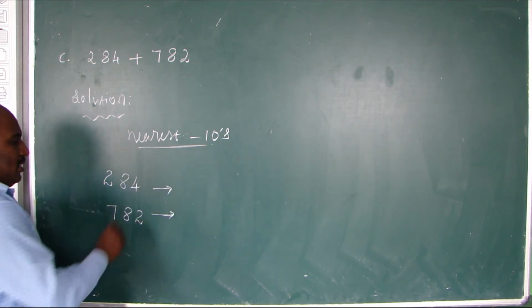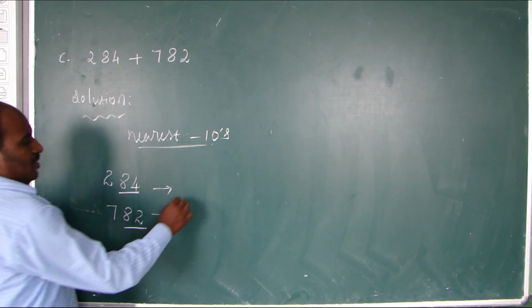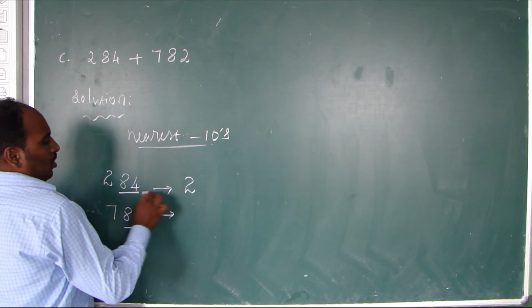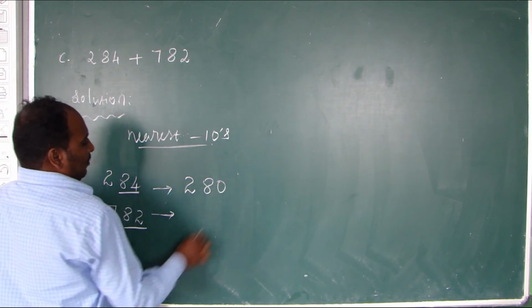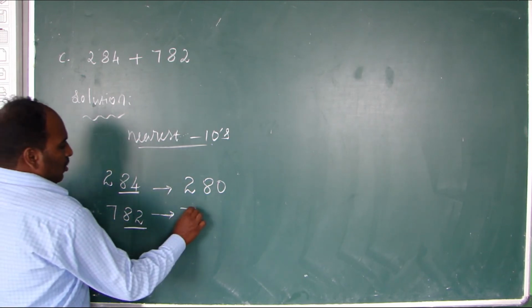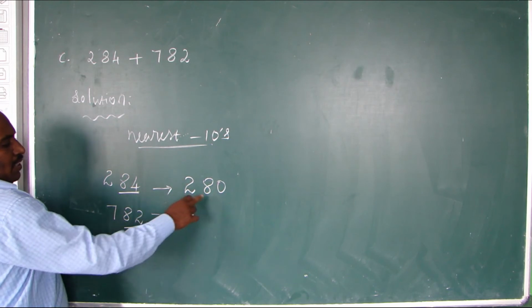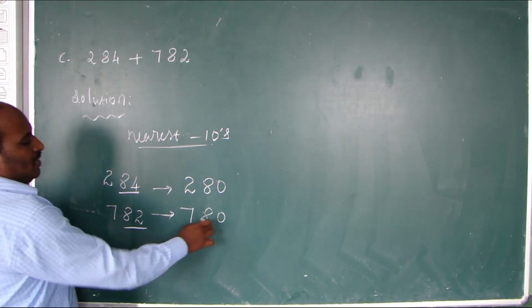Rounding 284 to the nearest 10: 84, nearest 10 means 80. And 782: 82, nearest 10 means 80.